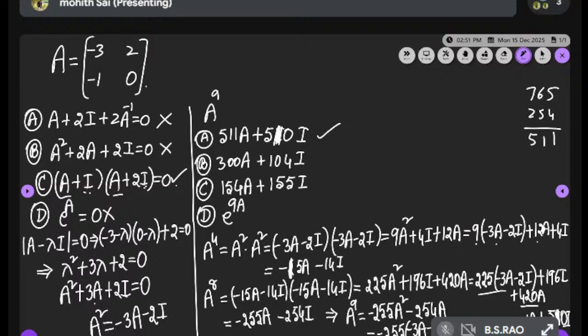Another one, to find a big matrix polynomial using the Cayley-Hamilton theorem.